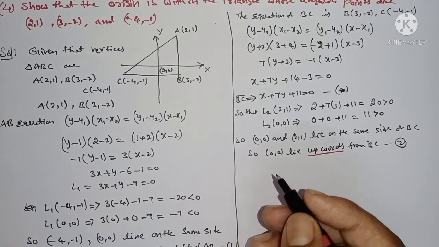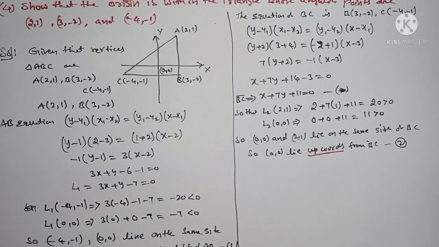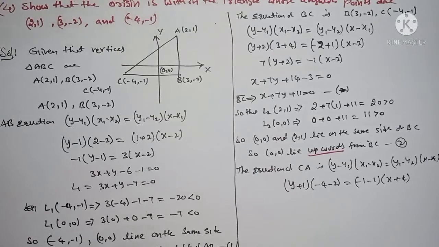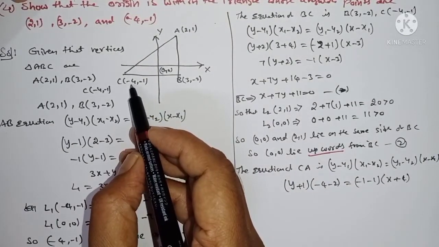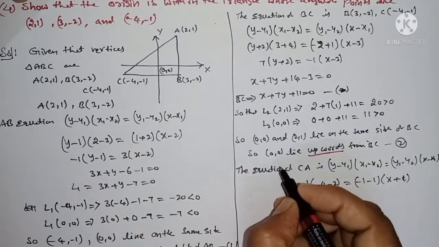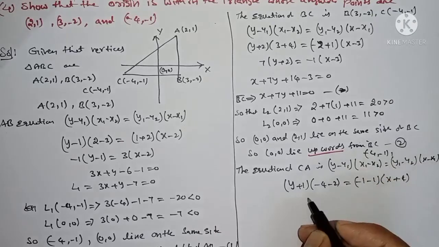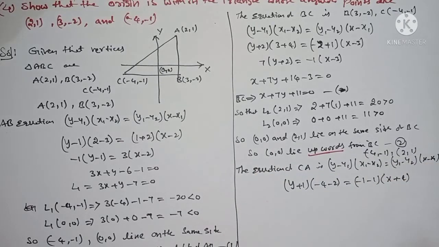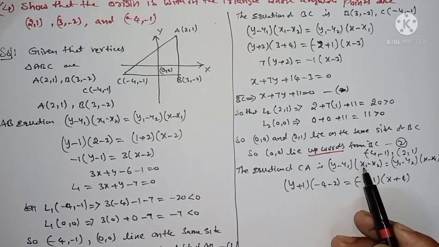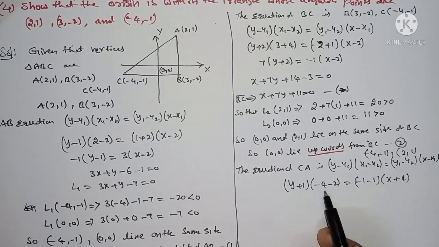Third equation is the AC equation, the CA equation. Once again, listen, CA equation, how can we write here? C is minus 4 comma minus 1, and A is nothing but 2 comma 1. You can substitute the formula y minus y1 into x minus x2 is equal to y1 minus y2 into x minus x1, with x1, y1, x2, y2.